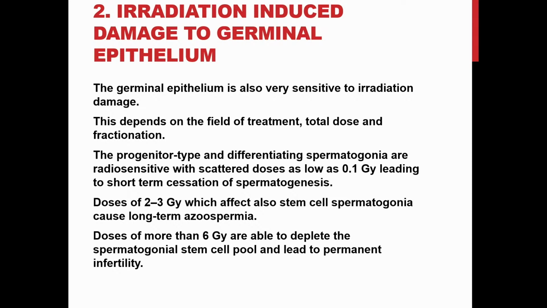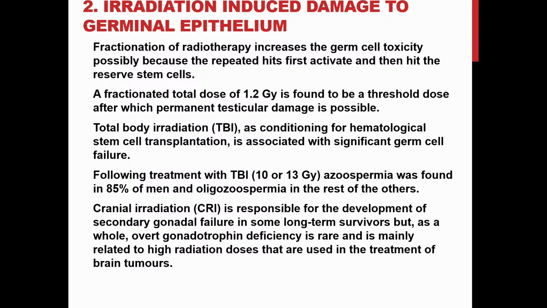Doses of more than 6 gray can deplete all the spermatogonial stem cell pool and lead to permanent infertility. Fractionation increases the germ cell toxicity, and this is possibly because repeated hits activate the A dark spermatogonia, and thus it depletes the reserve stem cells continuously.